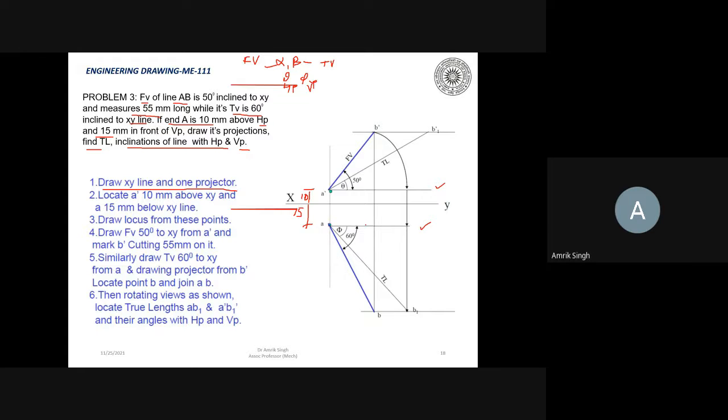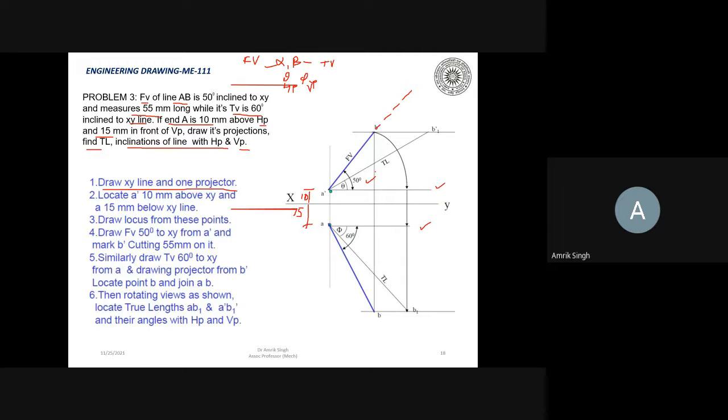ठीक है. अच्छा. Now it says that front view of the line is inclined 50 degree to XY. ठीक है. So front view is inclined. So front view, that means this 50 you have drawn, and you have drawn this line. You don't know up to which point it goes. So it is a dotted line you have drawn. ठीक है.